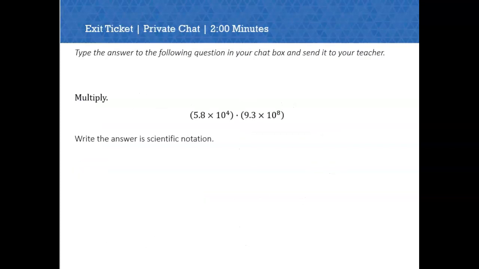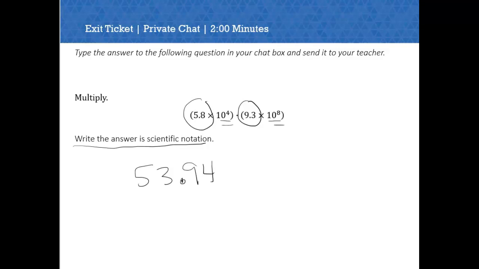All right, last one. Multiply 5.8 times 10 to the 4th times 9.3 times 10 to the 8th. Write the answer in scientific notation. So our first step is to multiply our constants. So 5.8 times 9.3 is 53.94. So you should already be telling yourself, uh-oh, this is not going to be the correct answer right away because we have two numbers in front of the decimal.